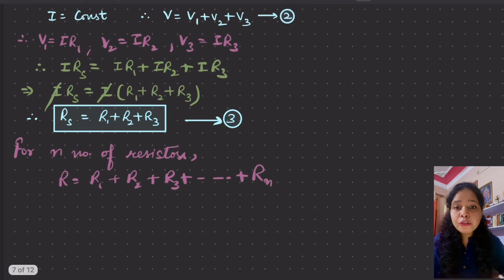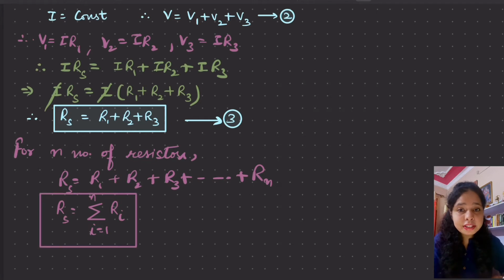In the form of summation, RS is equal to the summation of Ri from i equal to 1 to n. So this is the general expression for n number of resistors connected in series.